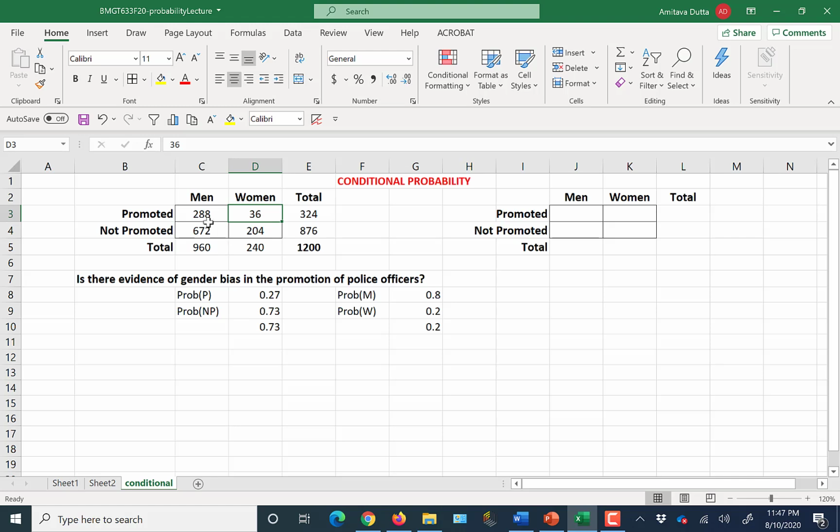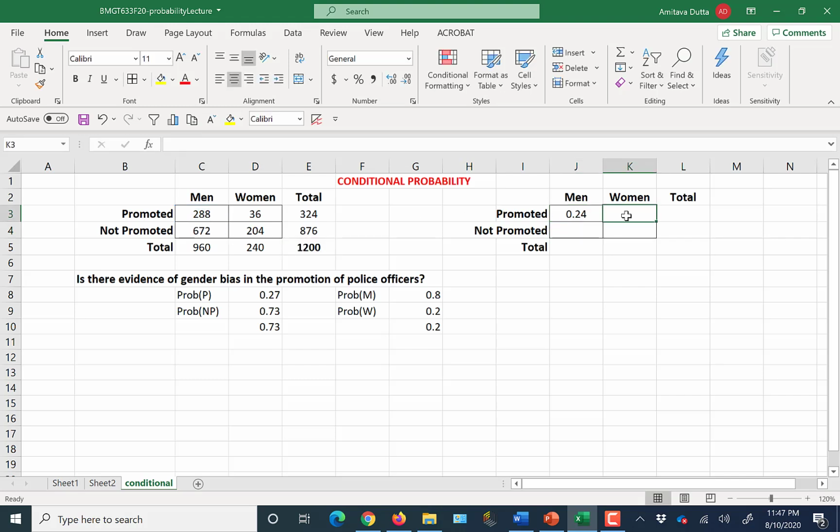So let's take each of these numbers. Just like in all these four numbers, we divided by 1200. That was the denominator, isn't it? So let's do the same over here. I will take 288 divided by 1200 and I get a probability.